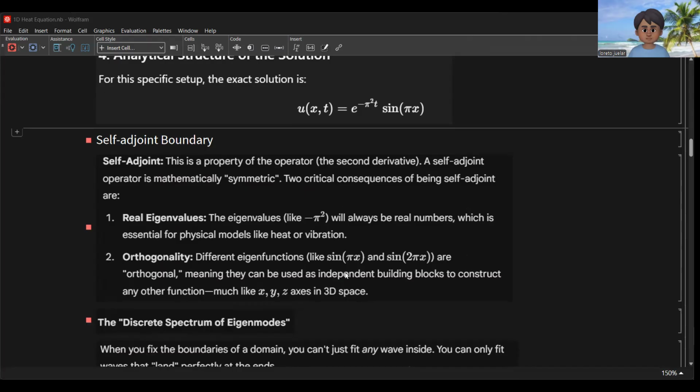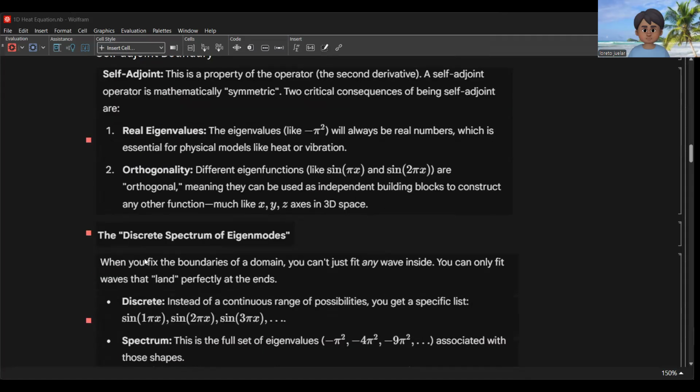Orthogonality: different eigenfunctions like sine pi x and sine 2 pi x are orthogonal, meaning they can be used as independent building blocks to construct any other function, much like the xyz axes in 3D space.